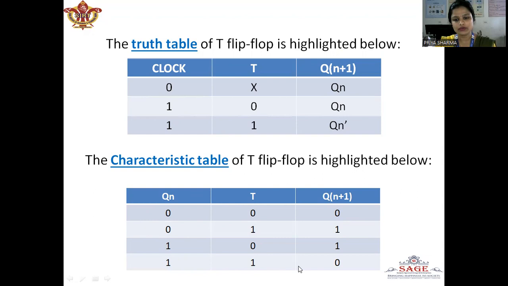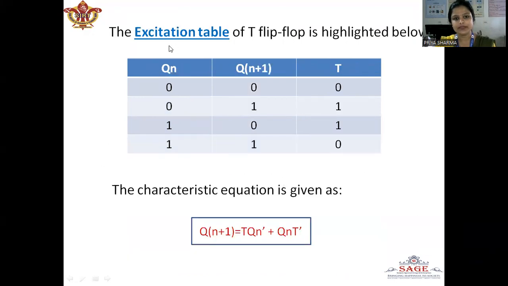When the clock is 0, we get the complement of this: for 0, we get 1, for 1, we get 0. And from the characteristic table, we derive the excitation table, which is as follows. From solving through K map, we get the characteristic equation for T flip-flop also, that is Qn plus 1 equal to T Qn dash plus Qn T dash.